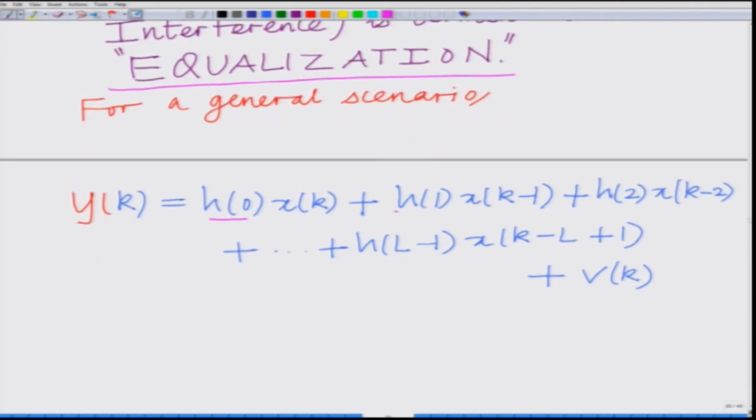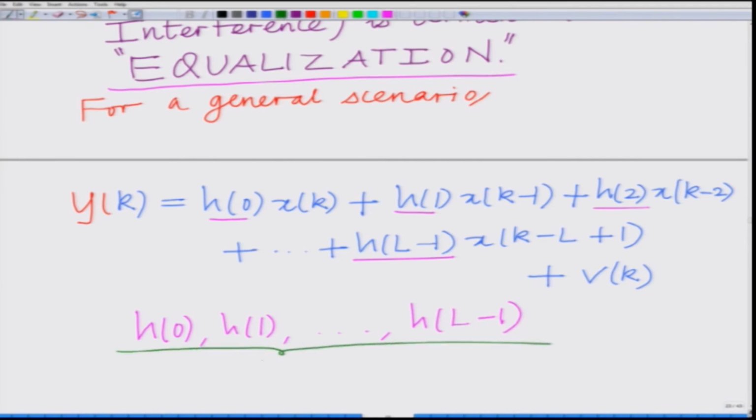So, you have h0, h1, h2, up to hl minus 1. These coefficients are known as the channel taps, your L channel taps.